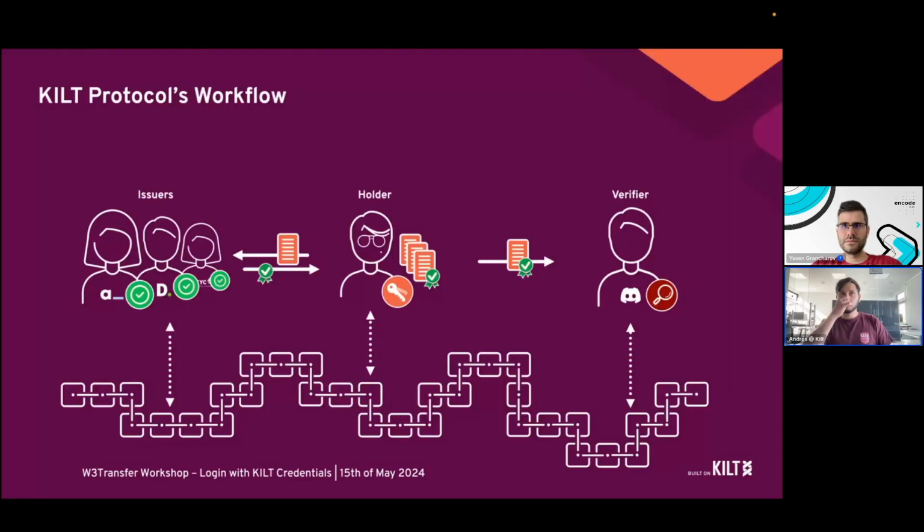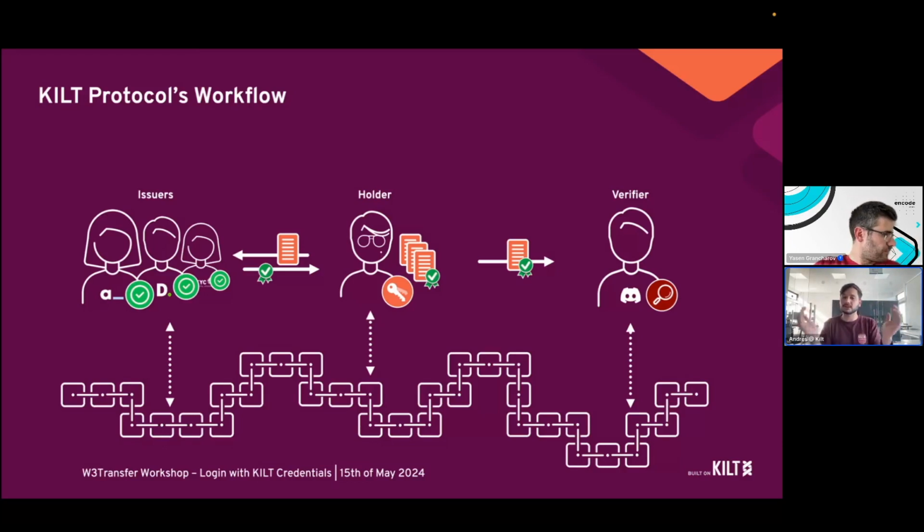First, we want to go through the KILT protocol workflow. These are the main use cases. We can differentiate three types of entities. They all have their DIDs, but they serve different functions, or they play different roles at the given moment.